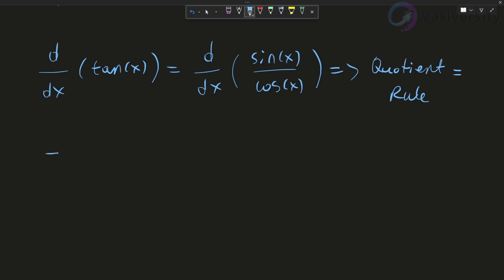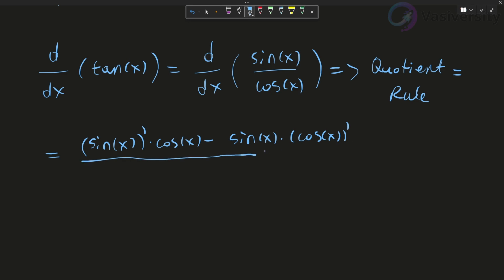Okay, so by the quotient rule, we're going to have sine of x prime times cosine of x, minus sine of x times cosine of x prime, all over cosine squared x.